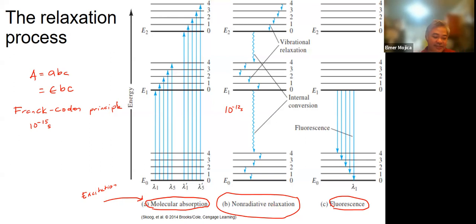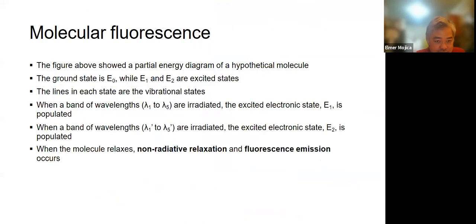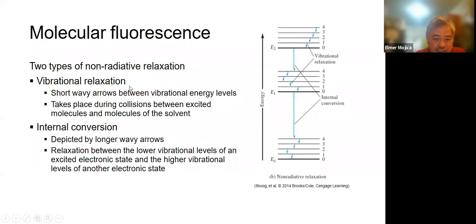Okay, and I think there's some additional discussion that we have here about the two types of the non-radiative relaxation. So meron tayong tinatawag na vibrational relaxation. Okay, if you're going to look at this, so it's just from one excited state going to lower excited state.